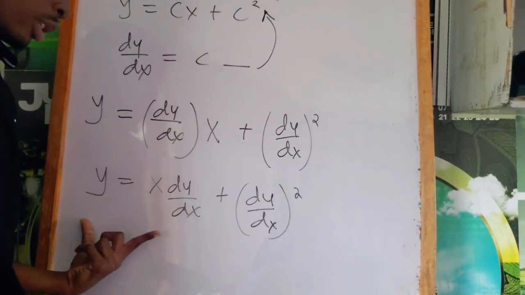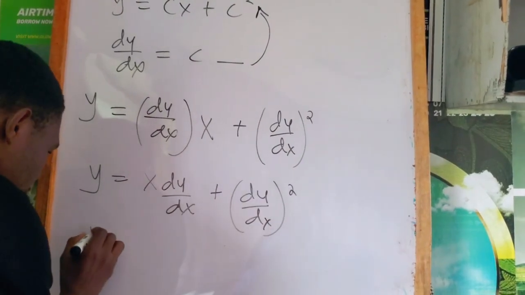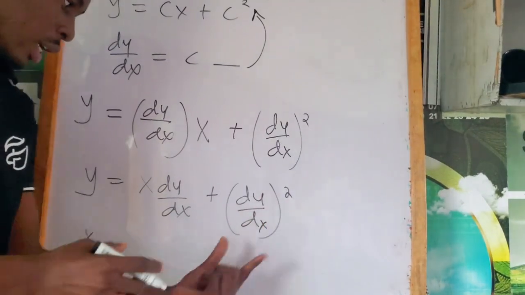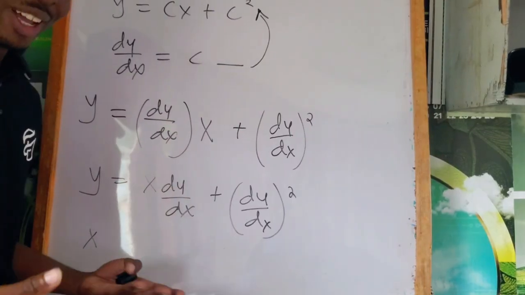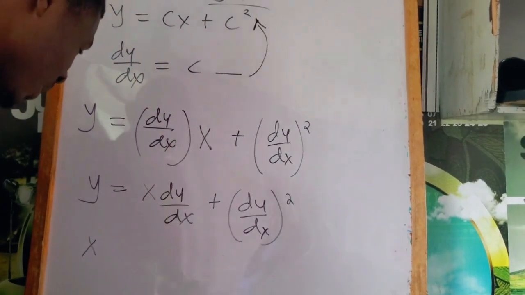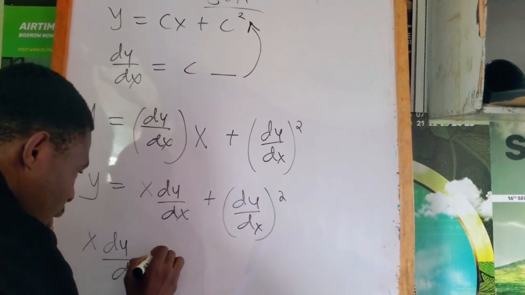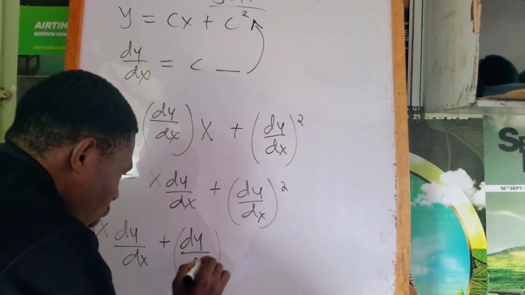If you like, you can take everything to the other side. Let us do that, you can just take y to the other side so that you avoid negative values. I don't know why, I just like avoiding negative values. So this is x dy/dx plus (dy/dx) all squared.